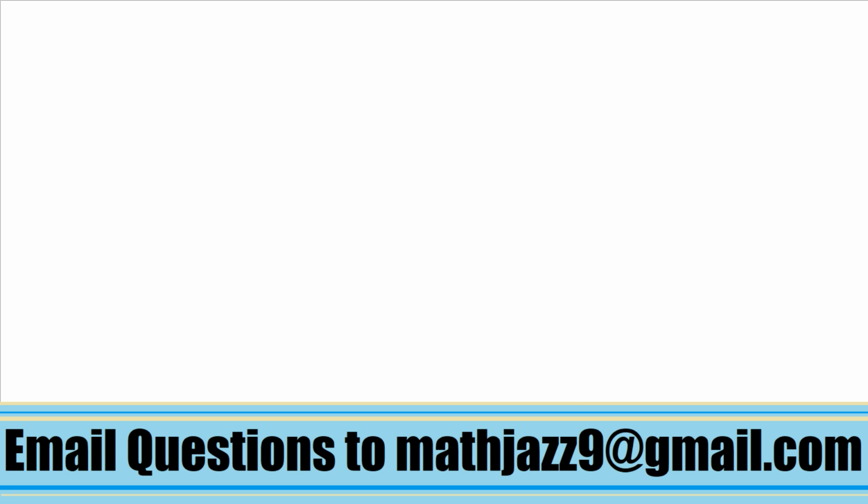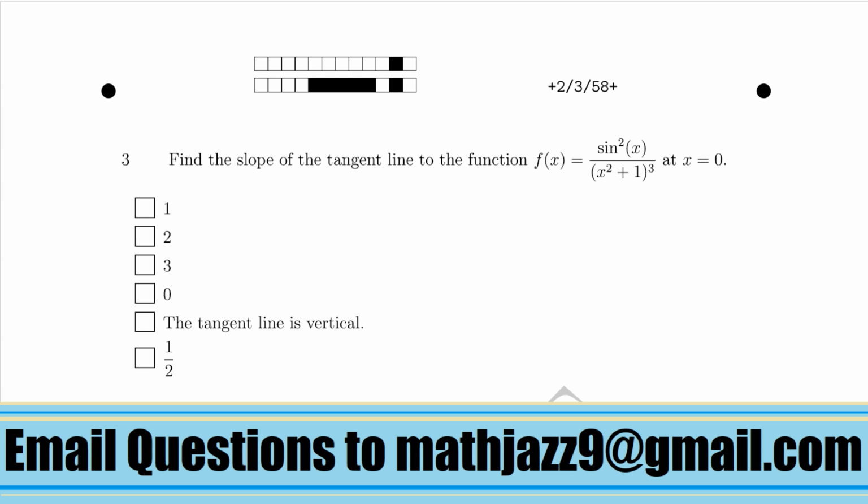Okay, so with that, let me write my function: f of x equals sine squared x over (x squared plus 1) cubed, at x equals 0.